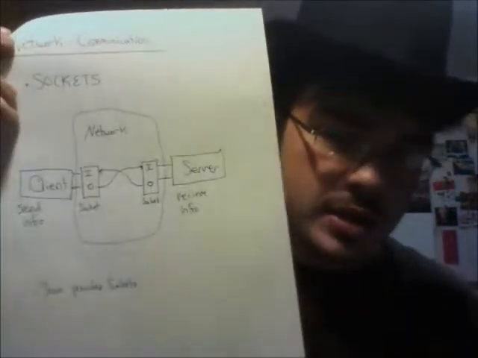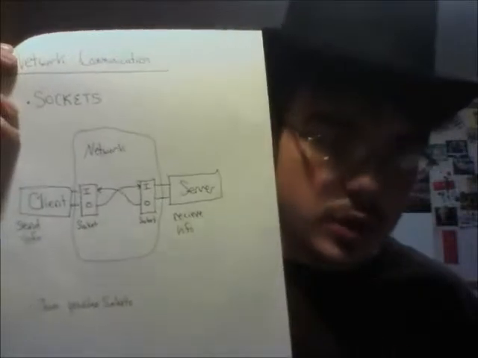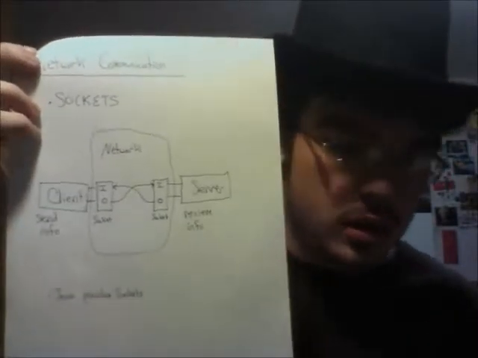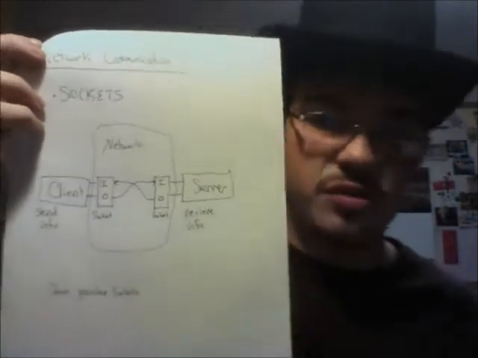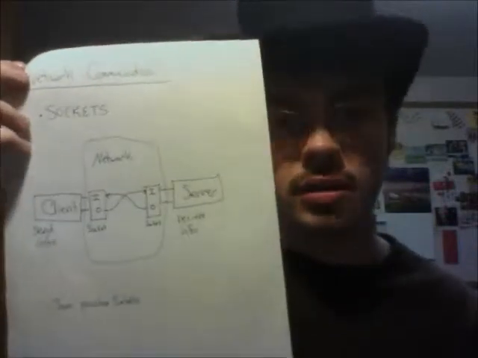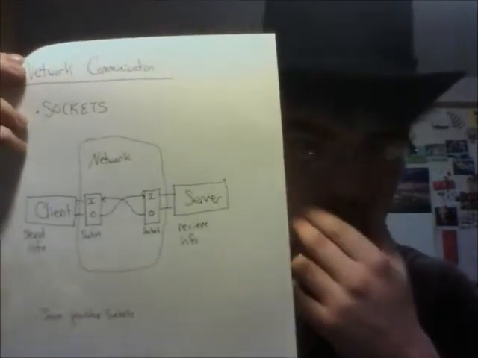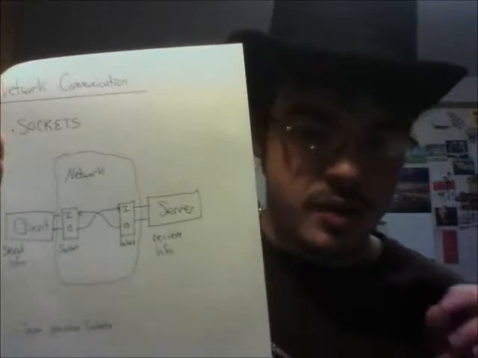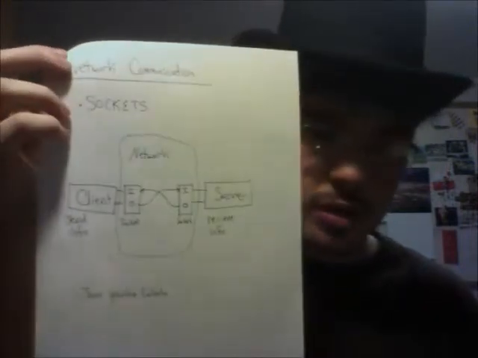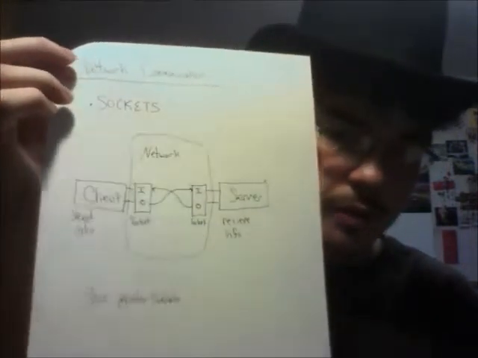Java provides these sockets. You just have to know how to use a buffered input stream reader and output stream writer with them. So we didn't actually implement very specific networking things. We were just using the concepts behind networking in order to get this communication across.